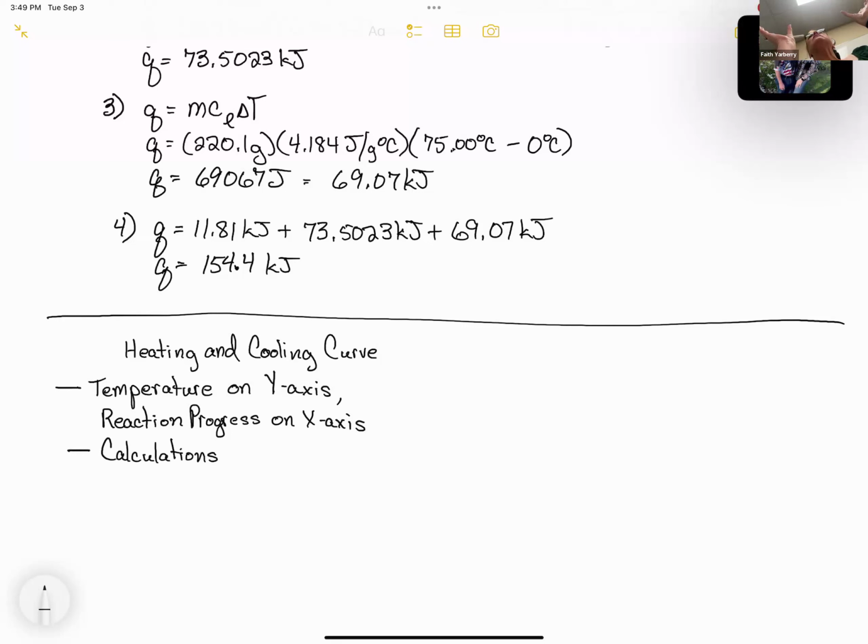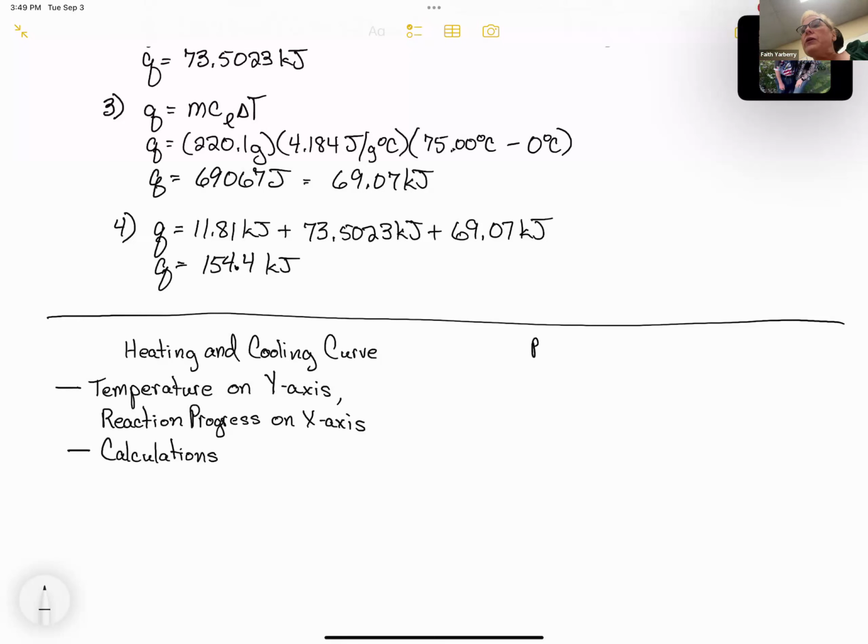No. I expect you to understand what each segment indicates as far as the state of matter at that point, but you won't go into as much detail on understanding as I went into the initial piece. I wanted you to understand what everything meant before we did the calculation.